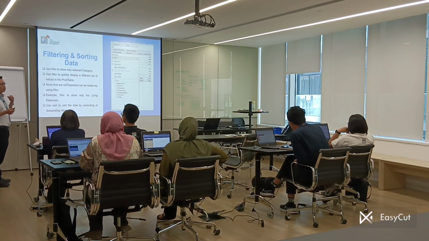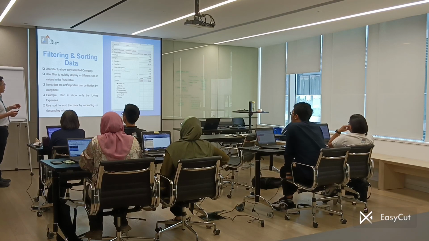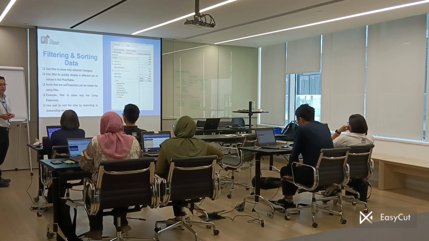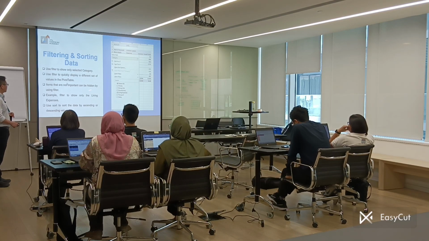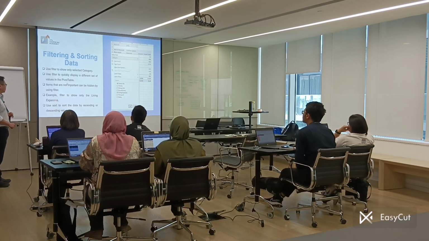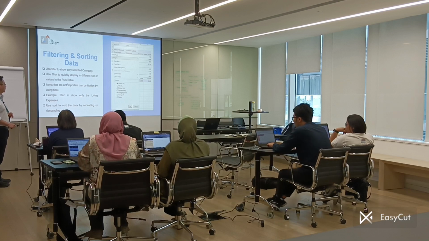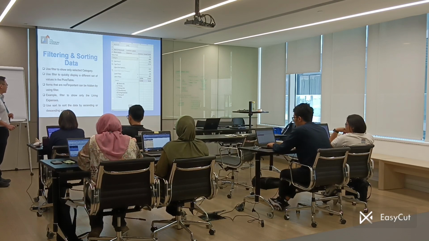To remove distraction, you use filter or sorting to only zoom in on the data that's important to you. The non-important ones, you just hide. For example, if you just want to show the expenses, we just filter by living expenses. Then the rest is out of the way.